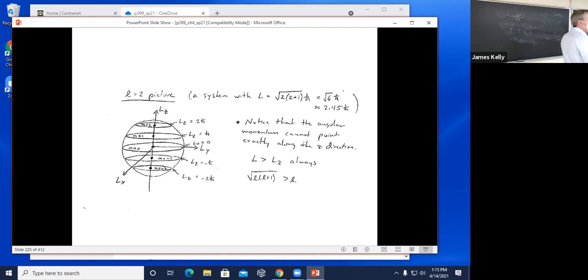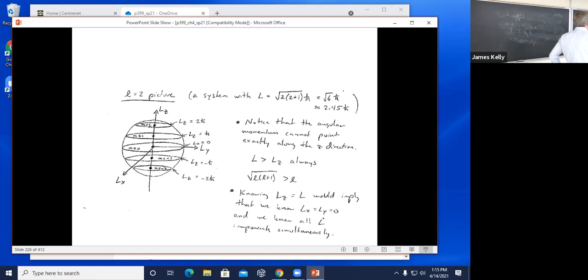We would know all 3 values of Lx, Ly, and Lz simultaneously, and that's not allowed because they don't commute with each other. We can't find states that have definite values of all 3 of those at the same time.